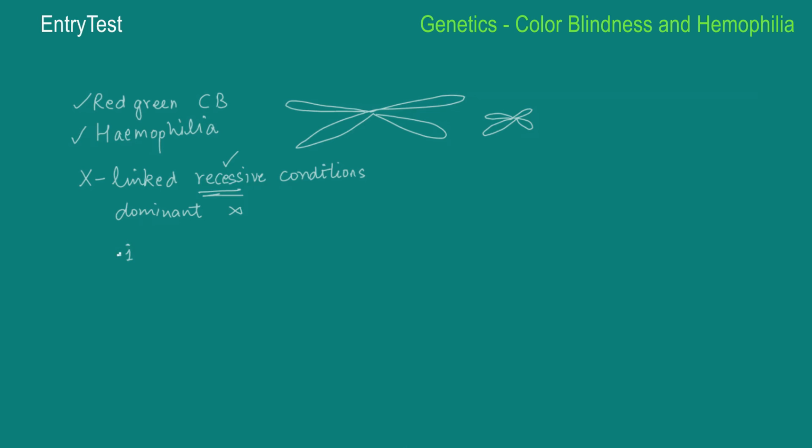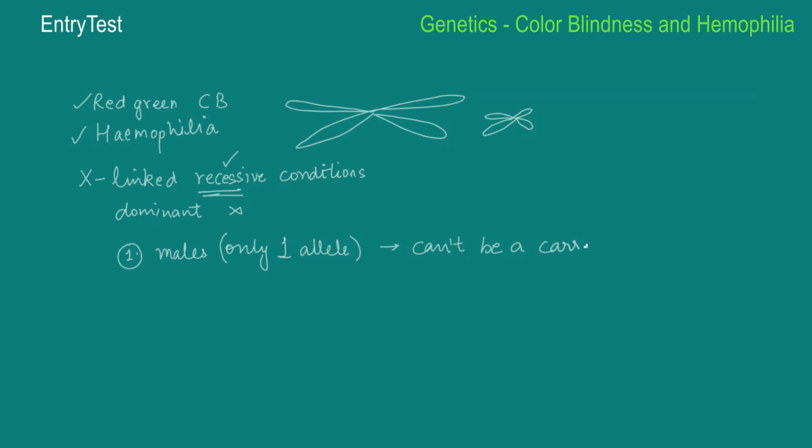So a few things you need to know about these two kinds of diseases. First of all, the males are going to have only one allele of these genes because they have only one X chromosome, not two X chromosomes. That means they cannot be a carrier. So they will either suffer from the disease or not.